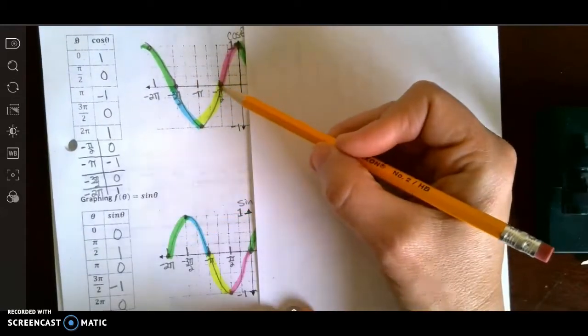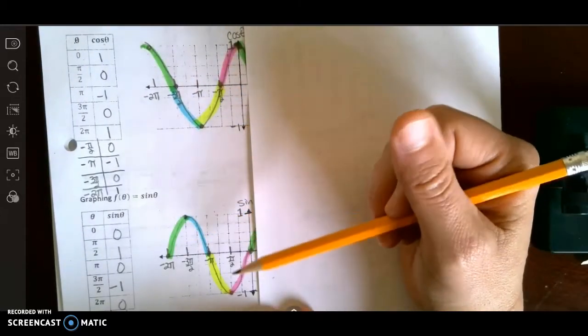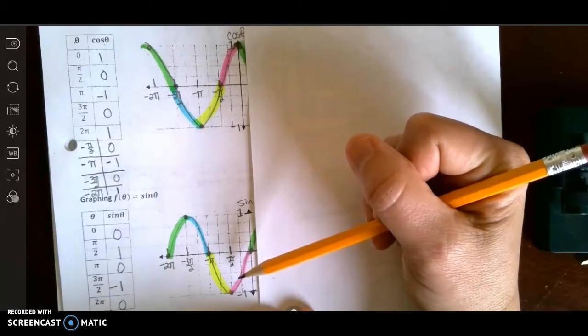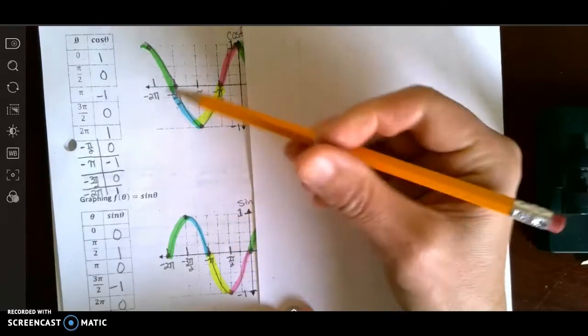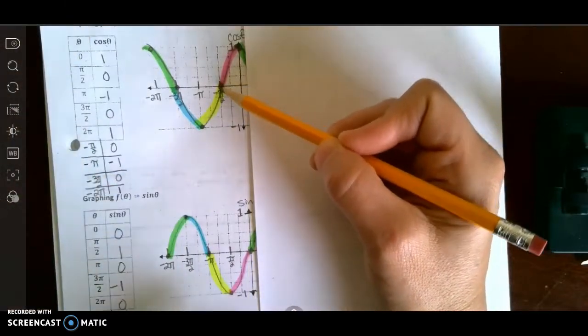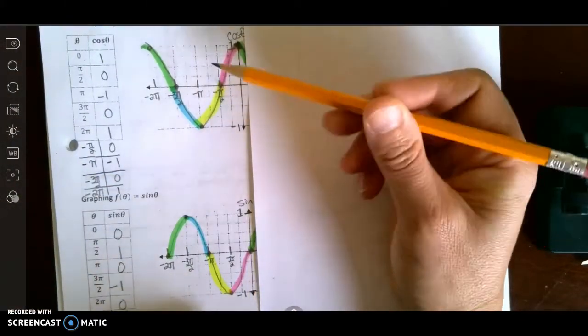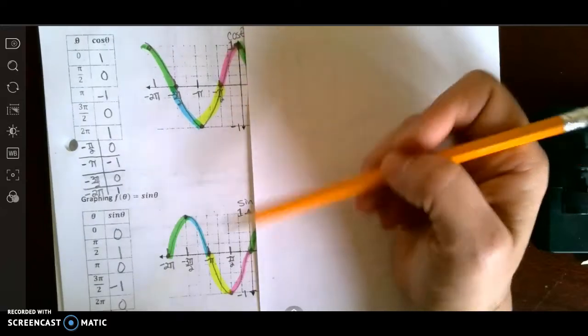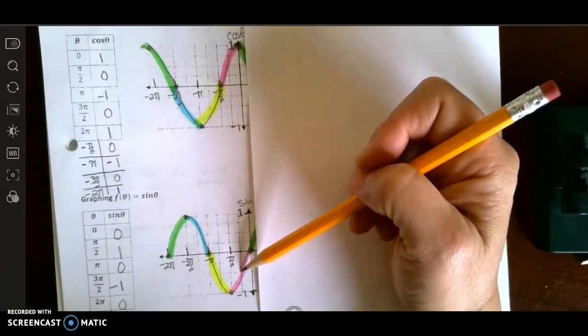So the only place I see that they're both below the x-axis, which means they're negative, is from -pi over 2 to -pi. One of the easiest ways to look at it is that I want both of them to be above or below. Pink is above, pink is below. So they're not both negative.